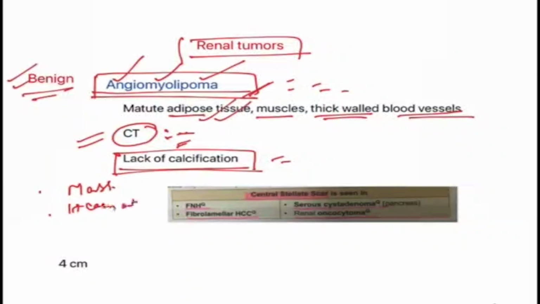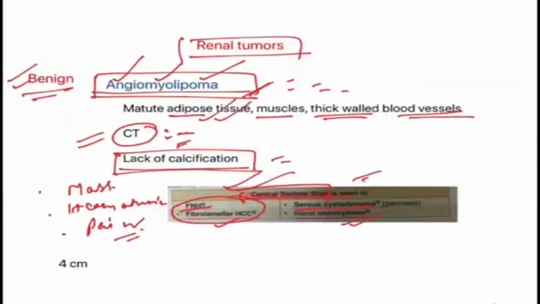Clinical features can be mass, hematuria, pain, and there are questions which come on central stellate scar. Central stellate scar on radiology is present in renal oncocytoma, fibrolamellar HCC, focal nodular hyperplasia, and serous cystadenoma.